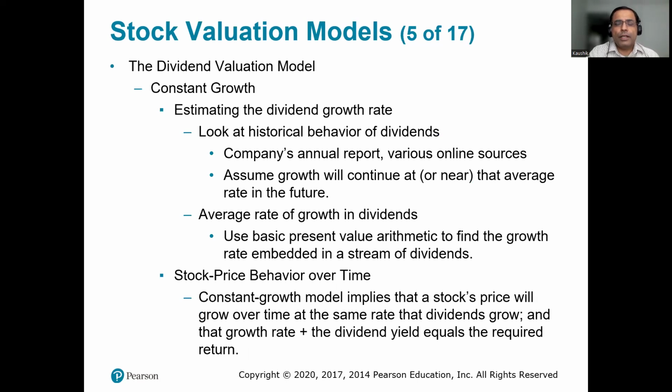So how do we get the constant growth rate? So we look at the historical data and we try to find the growth rate. And we assume that a similar growth rate will persist in future years.